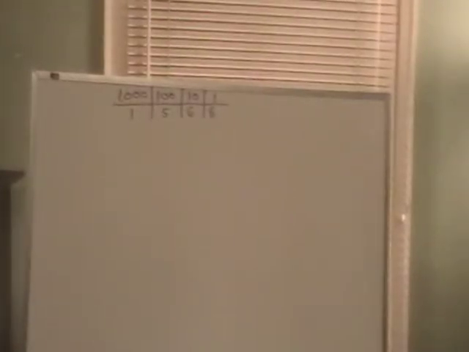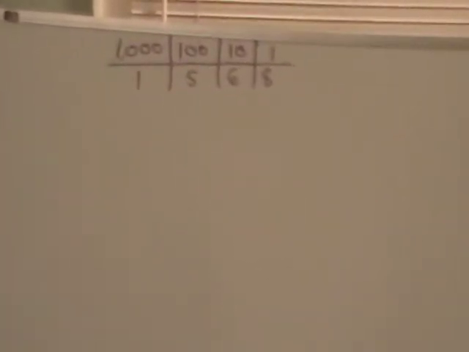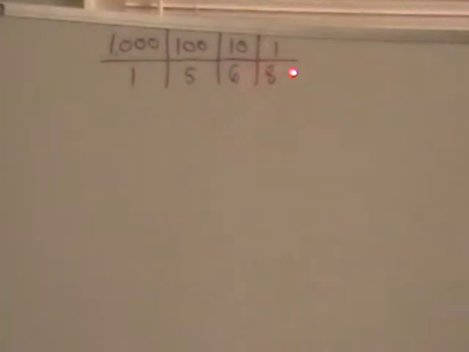Let's take a look over here. We all know this number, 1,568. We can also write it like this, underneath the place values. We have a ones place, a tens place, hundreds place, and thousands place. Our place values increase exponentially by 10 because it's a base 10 system.